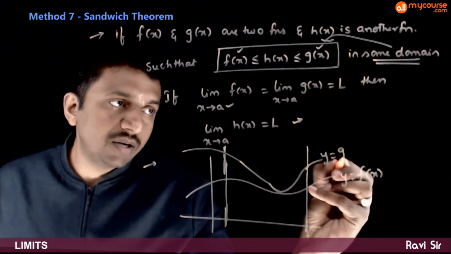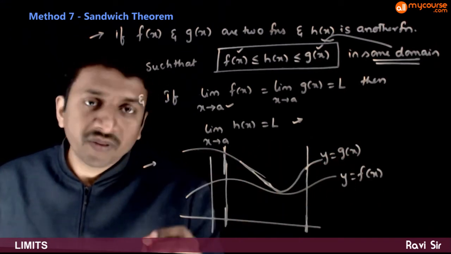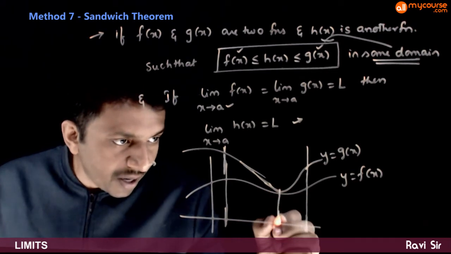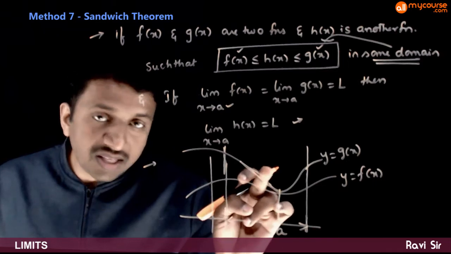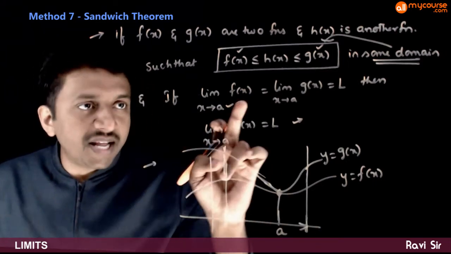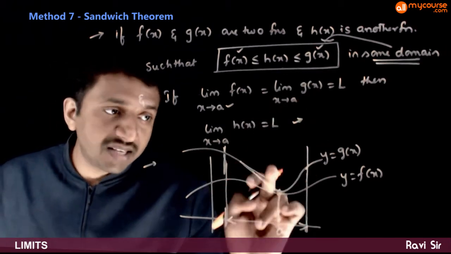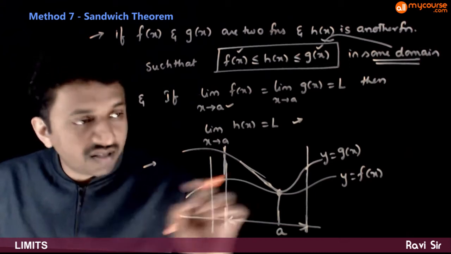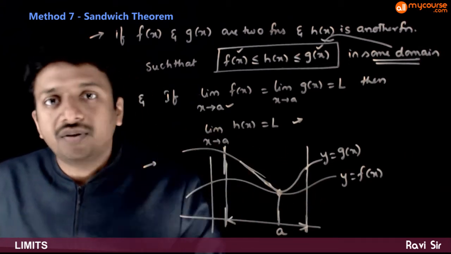This is y is equal to g of x. And at some point a in the domain, both these functions are tending to the same limit. Limit x tends to a f of x is the same as limit x tends to a g of x. Both these functions as x tends to a are tending to the same point.